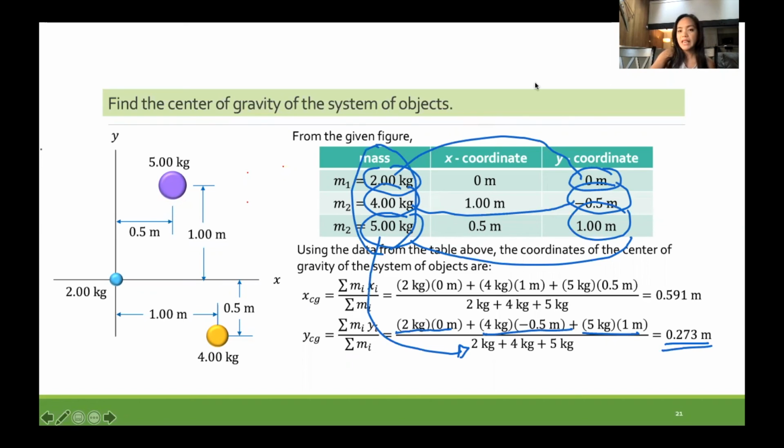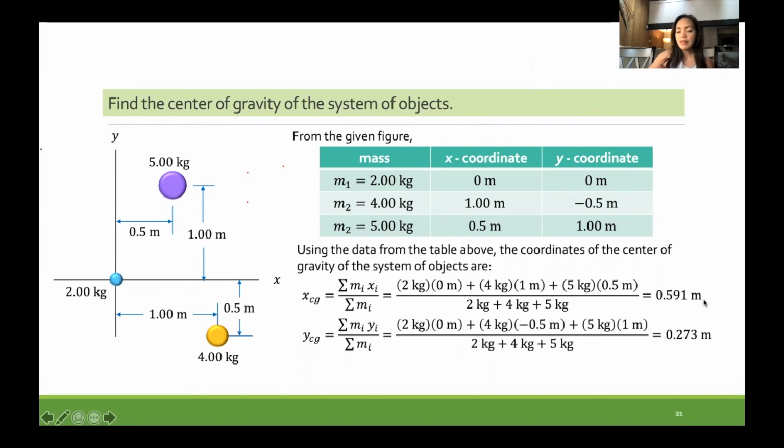Now, what is the implication of the x and the y value? That actually means that the position of the center of gravity is somewhere here.